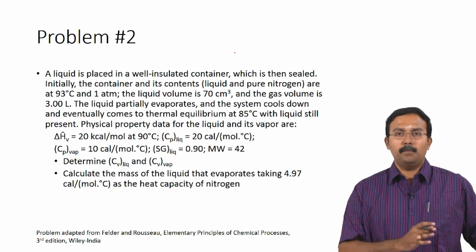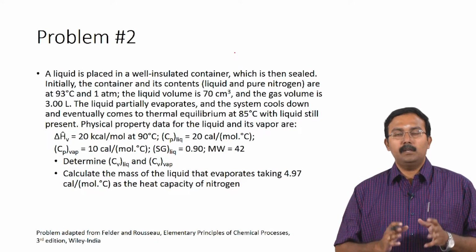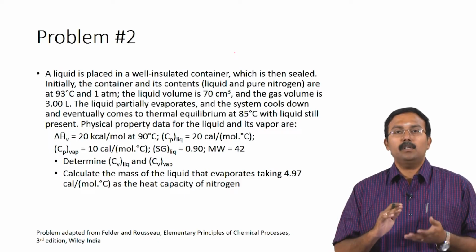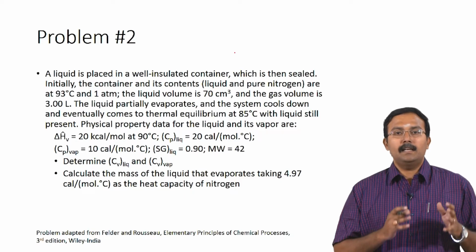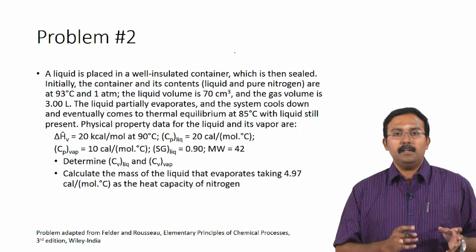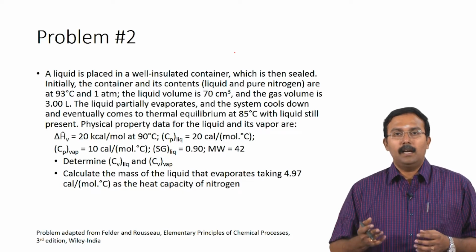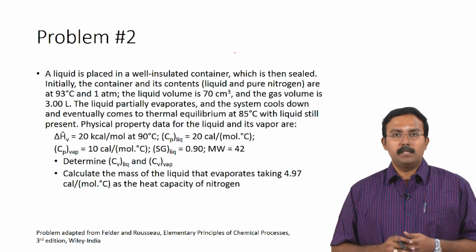This is before the process starts. At the start of the process you have the liquid and nitrogen charged into a closed system at 93 degrees Celsius and 1 atmosphere pressure, and after this some of the liquid evaporates and an equilibrium is reached.